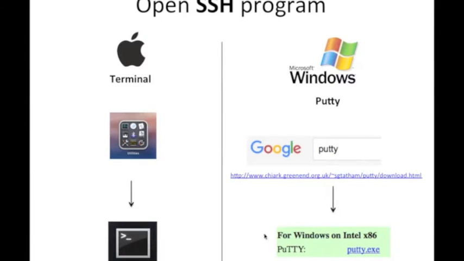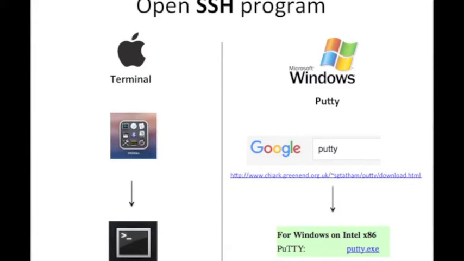I click it, and somewhere in between, a little bit on the bottom, there is a link that says for Windows, PuTTY.exe. You're looking for PuTTY.exe, click it, and say yes, execute, okay, something like that, and then you will get, I guess, a black screen as well. Okay, so that's the idea of how we'll be doing that.